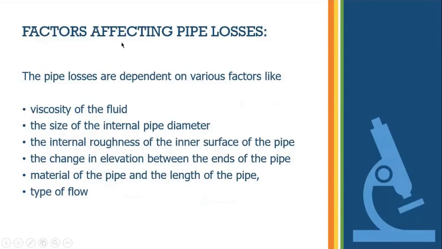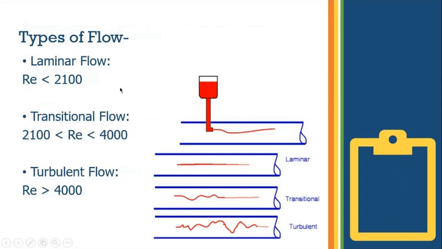Now, the factors affecting pipe losses: pipe losses are dependent on various factors like viscosity of the fluid, the size of the internal pipe diameter, the internal roughness of the inner surface of the pipe, the change in the elevation between the ends of the pipe, material of the pipe and the length of the pipe, and lastly, the type of flow. There are three types of flow: laminar flow, transitional flow, and turbulent flow.